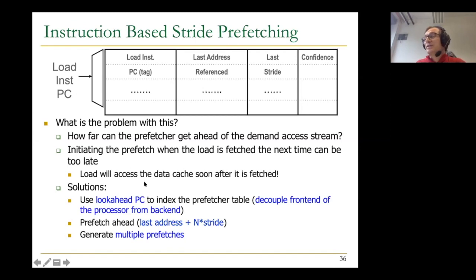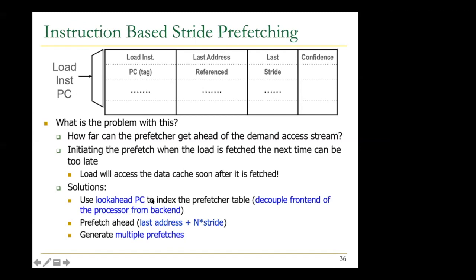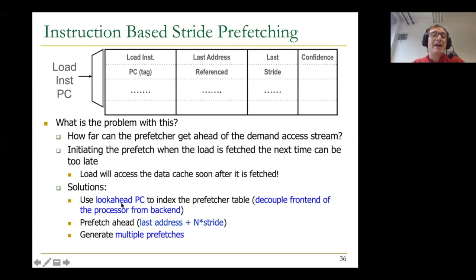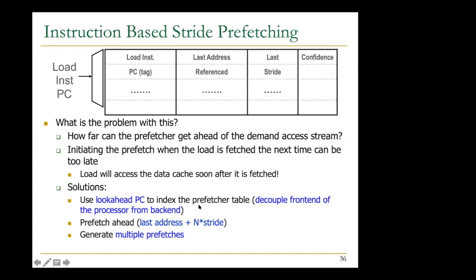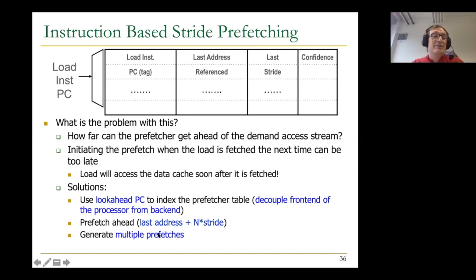That's the idea over here. And this is not a bad idea, except when the backend is not stalled as much, this doesn't help. This requires some stalling on the part of the backend. Whereas these other ones, prefetch ahead and generate multiple prefetches, doing them together will help, regardless of whether or not your backend is stalled at the moment.